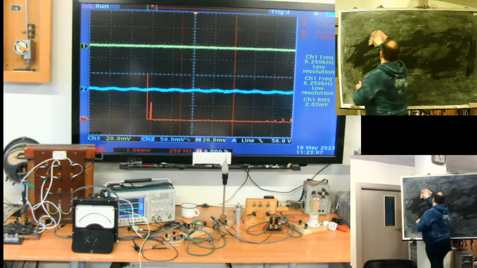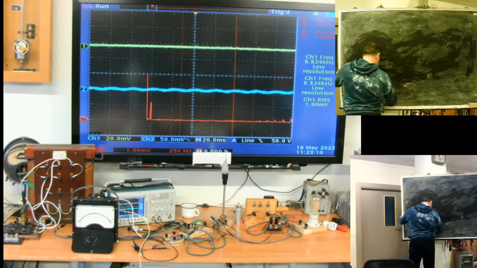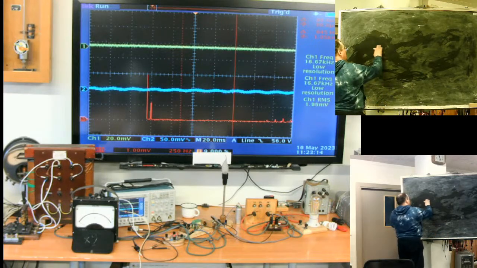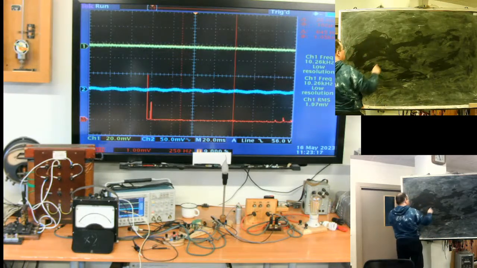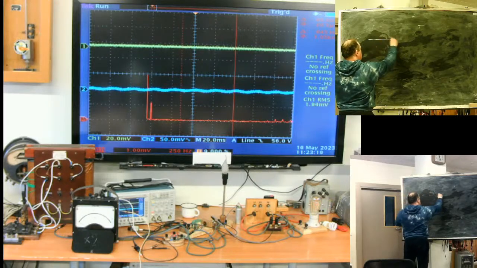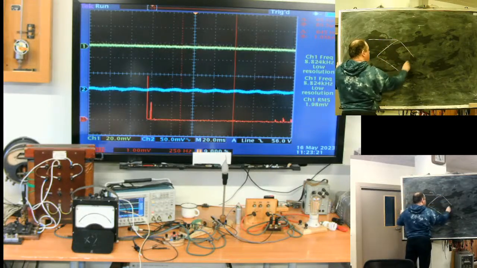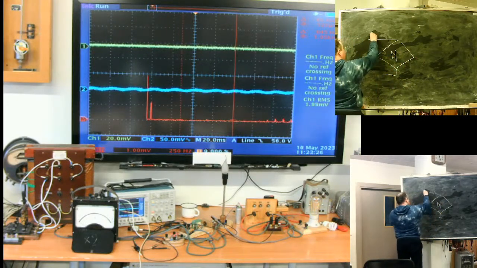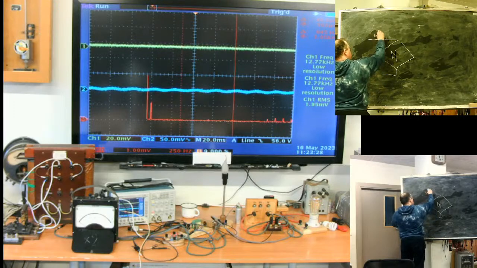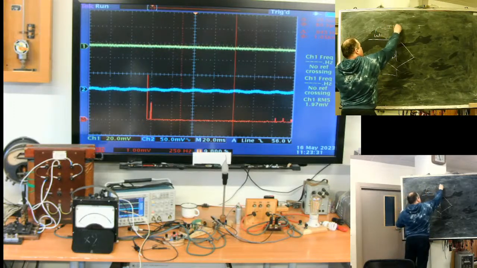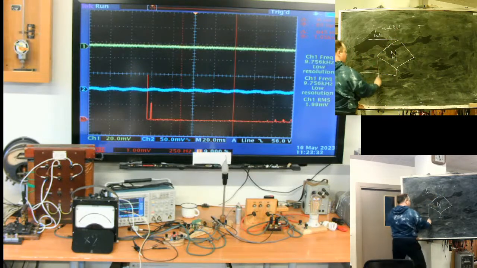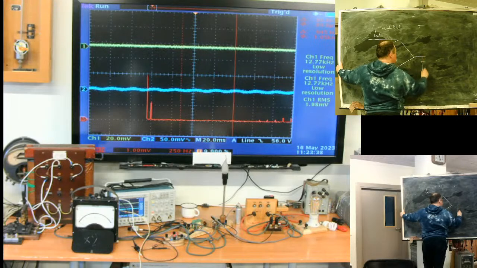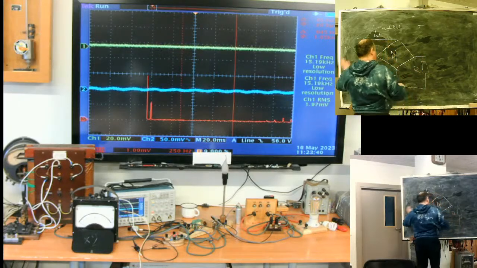For simplicity, I will do the network like this. Rectifier. Here will be a current source, current sensor. Active load.